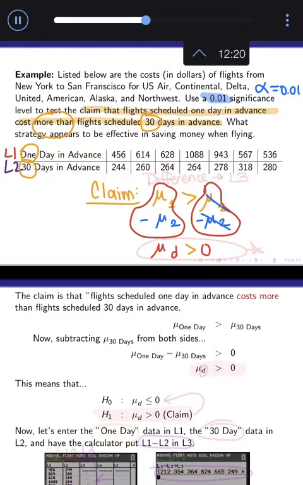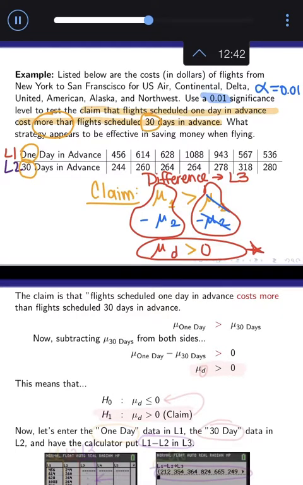So instead of dealing with two groups, now we've looked at taking their difference. That's mu1 minus mu2, the difference. And remember, that's my special list that I'm going to put in as my list 3. So my claim is that the difference is greater than 0.